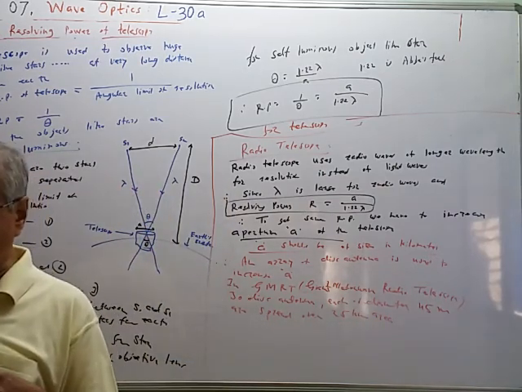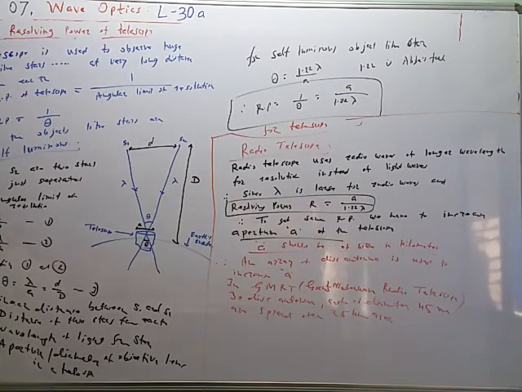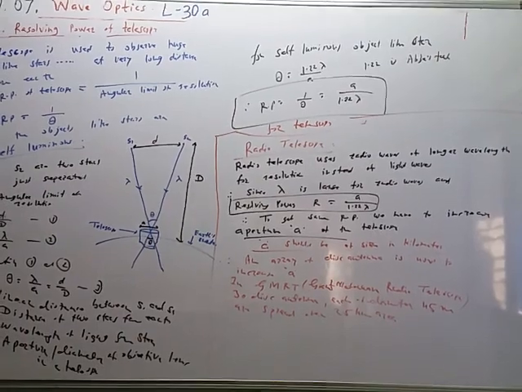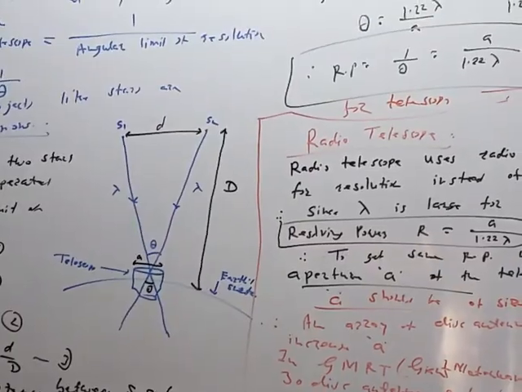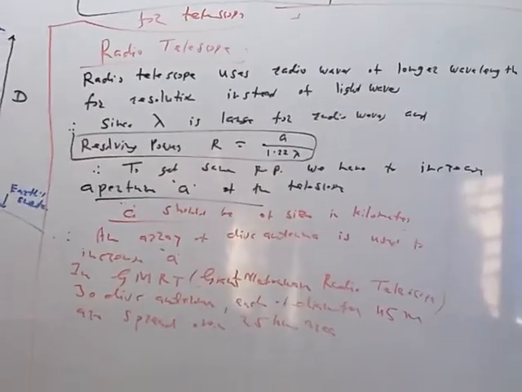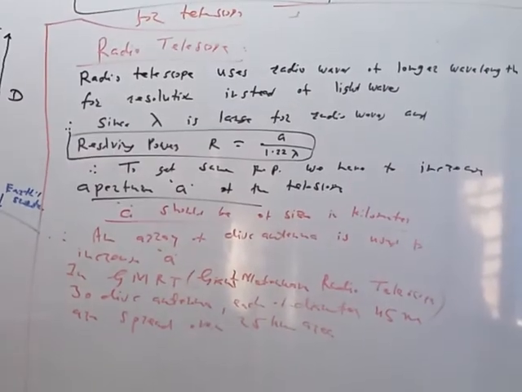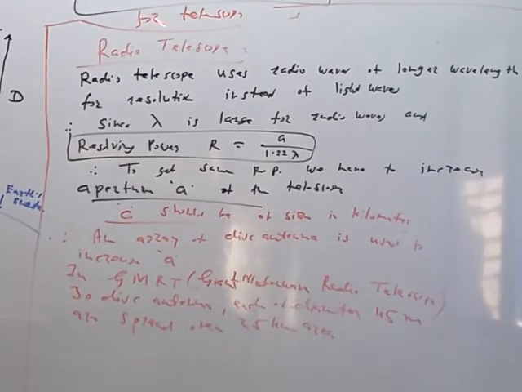So this type of GMRT arrangement can be used. It uses radio waves instead of light waves, therefore it is called a radio telescope. So this is the main difference between the astronomical telescope and the radio telescope.